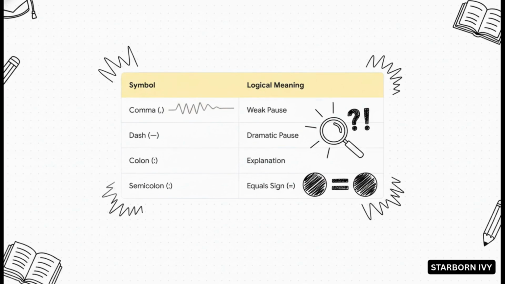It has one specific job. A comma, that's a weak pause. A dash is a stronger, more dramatic pause. A colon basically screams, hey, an explanation or a list is coming up next. And a semicolon? A semicolon is literally an equal sign. It connects two complete, closely related sentences. If the punctuation doesn't fit its logical job, the answer is wrong.